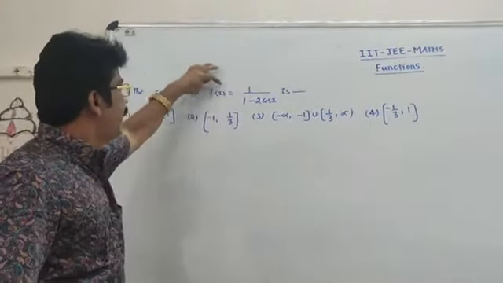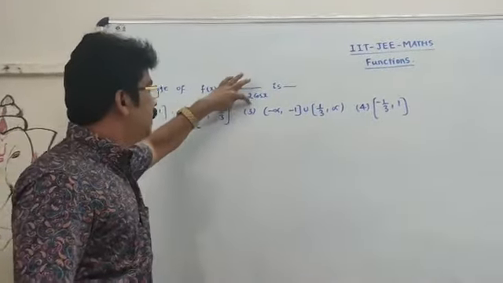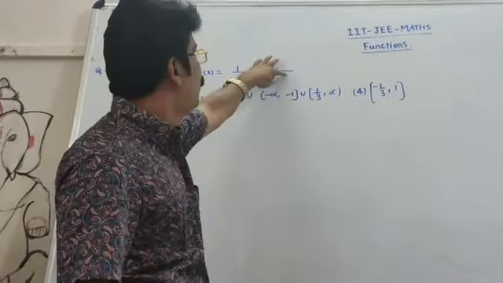The range of f of x equals 1 by 1 minus 2 cos x is what?